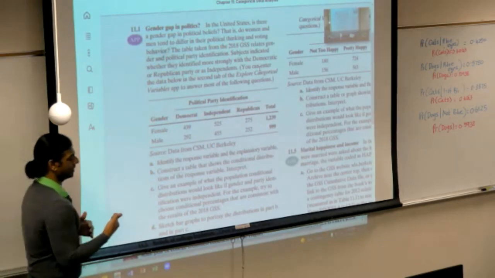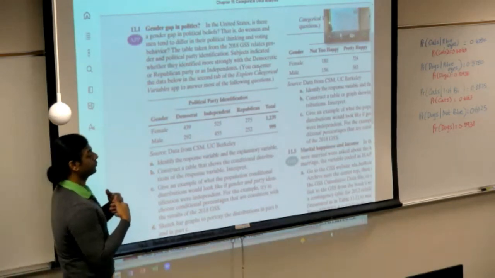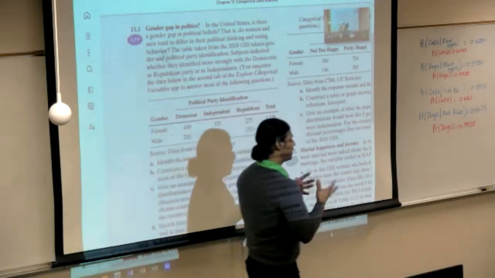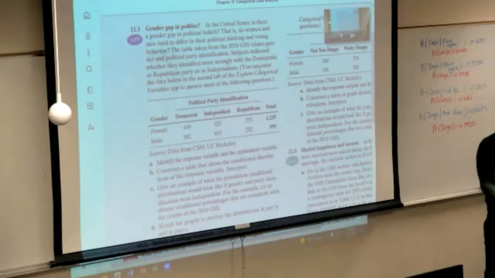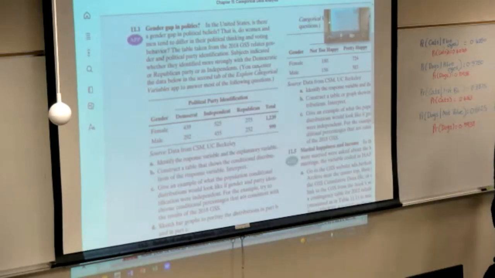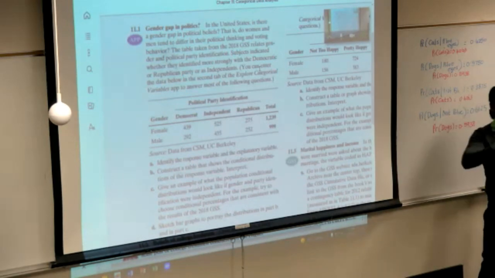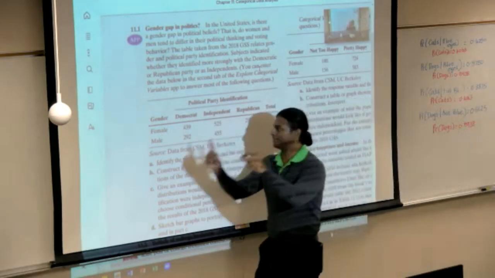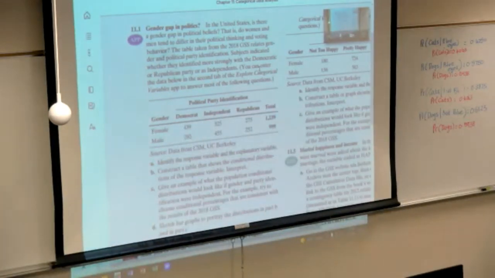In other words, which variable would explain the other variable? Will gender explain the political party identification, or will the political party identification explain gender? Which will depend on which? Would gender depend on political party identification or the other way around?